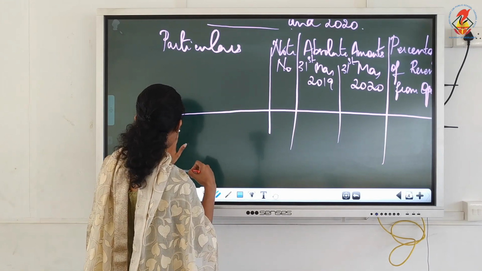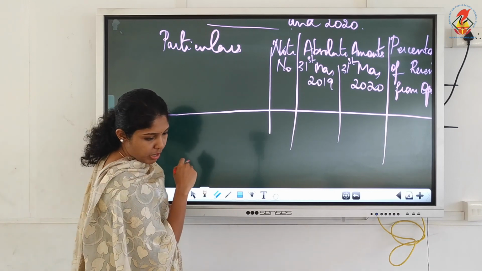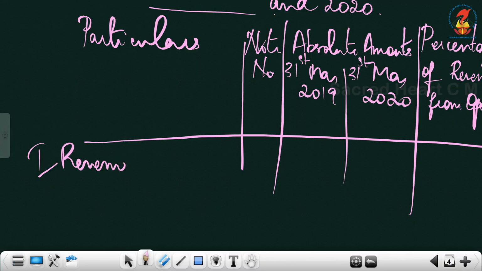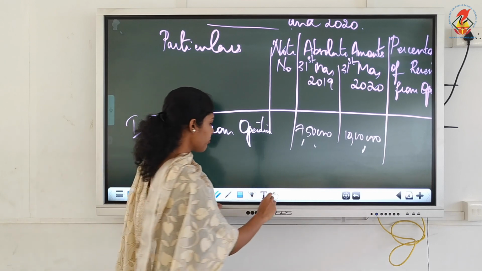In the particulars column, everything we will copy from the question itself. First it is revenue from operations, and other incomes are also there. So you write revenue from operations, and the note number will be blank. Then previous year you have to take first, that is 7,50,000, and the other year is 10 lakhs. There is no absolute change, only the percentage column.